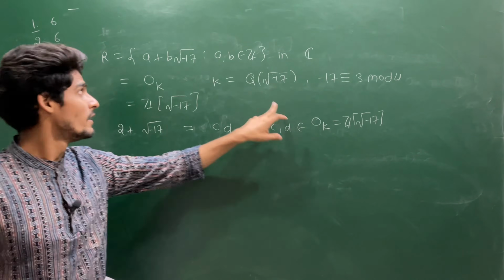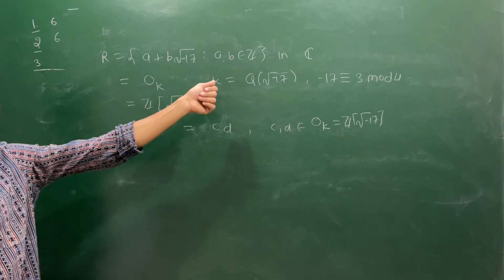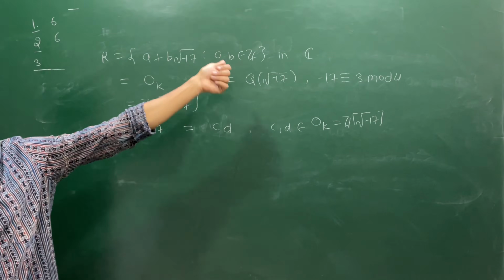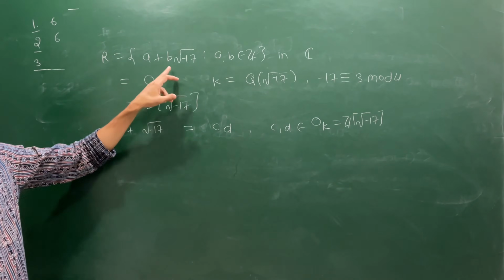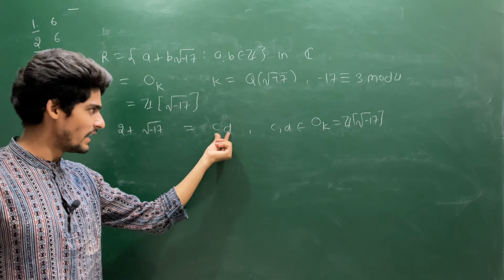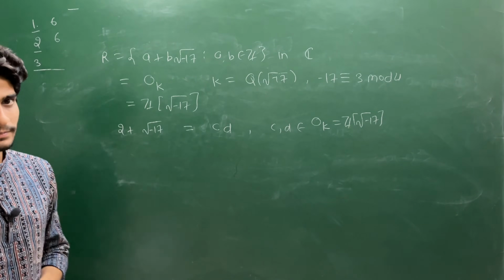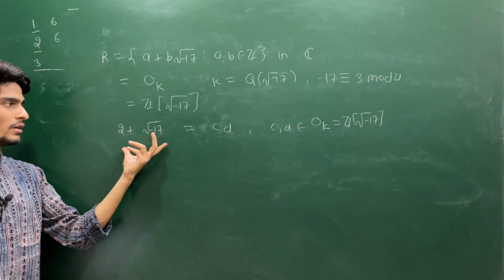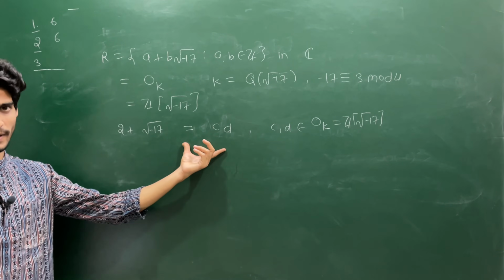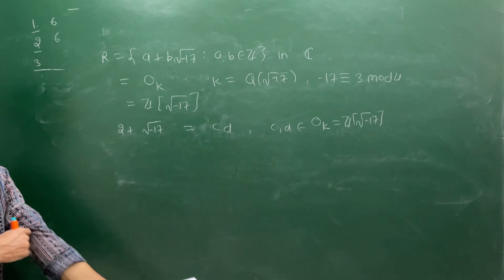So they will look like A1 plus B1 square root of minus 17, A2 plus B2 square root of minus 17, for some integers A1, B1, A2, B2. And this C and D should not be units, because we are seeking an irreducible element. If it is irreducible, that means C and D both are not unit elements.